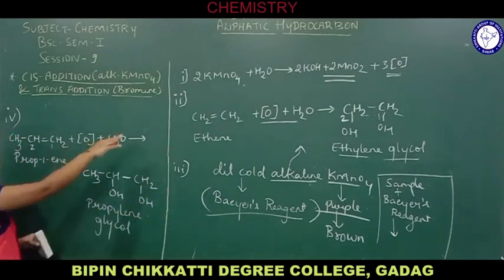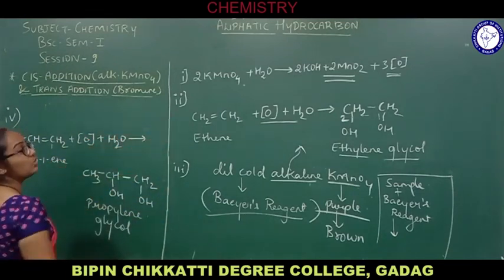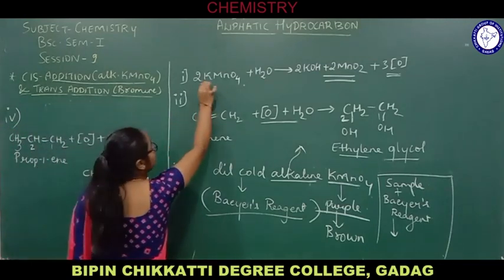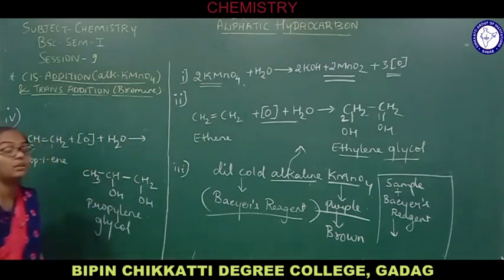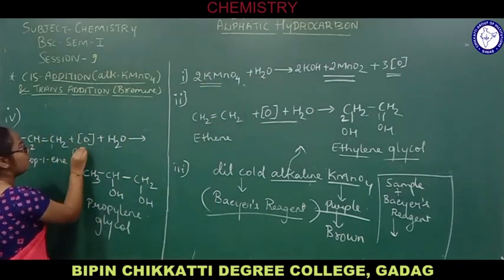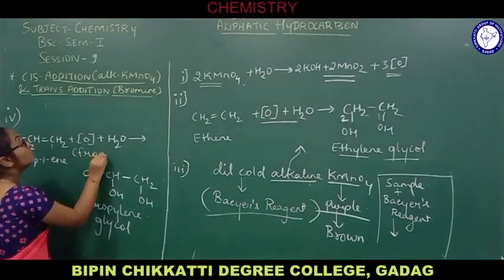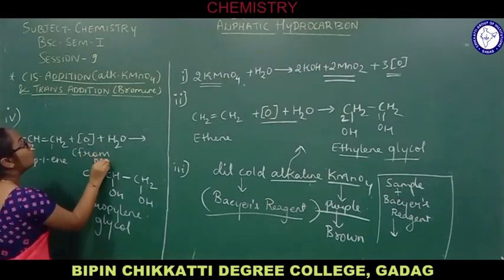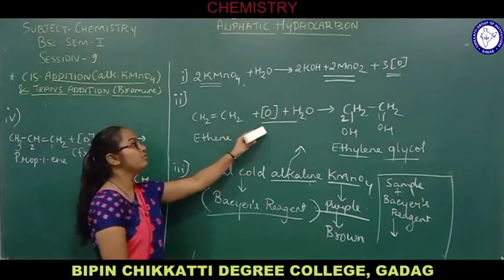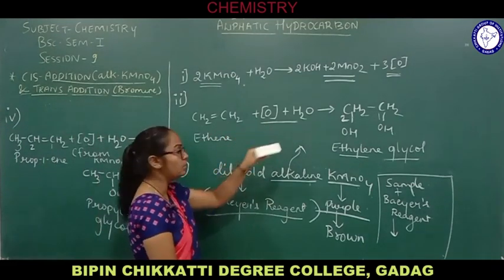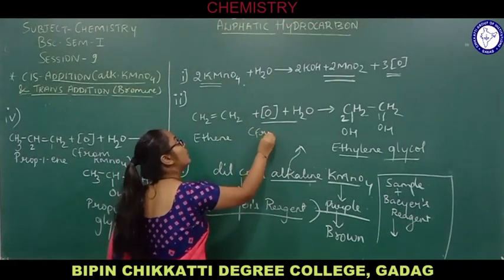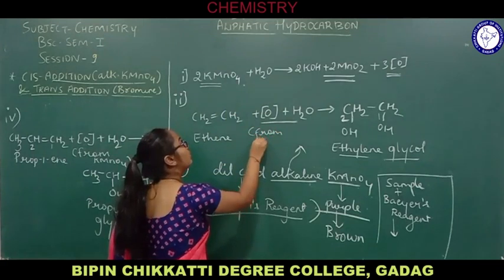Now, as you know, in the first step, the nascent oxygen has been formed from which important reactant? Yes, potassium permanganate, KMnO4. And here also, this oxygen which I have written over there is coming from the first step, which is from KMnO4.